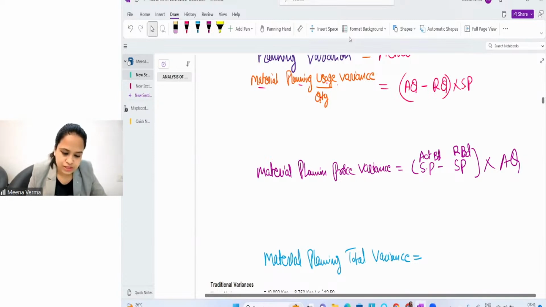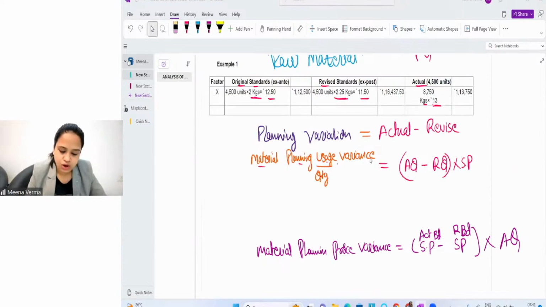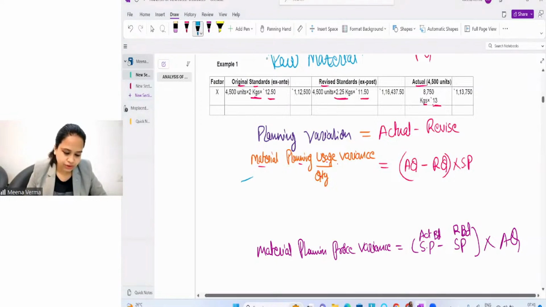If you see the information, you can see the actual quantity budgeted and the revised quantity budgeted.